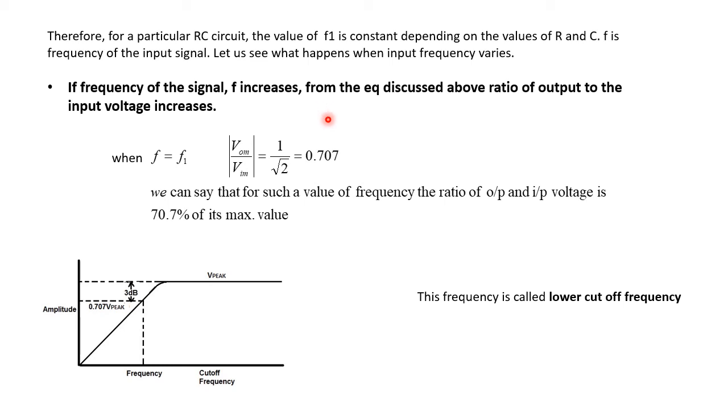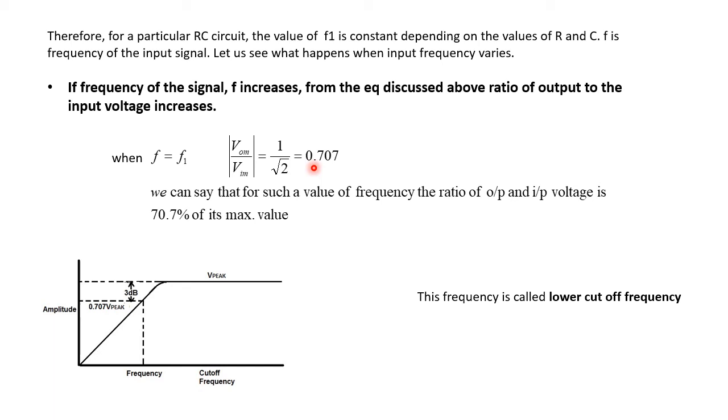In the above equation which we derived in the previous slide, if we impose a condition that the frequency of input voltage is equal to f1, that is, 1 upon 2 pi RC, then the expression for VOM upon VIM comes out to be 1 upon under root 2, or 0.707.